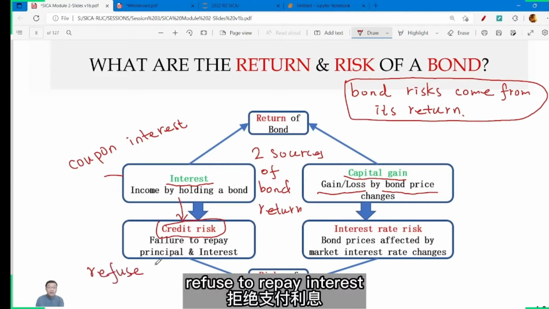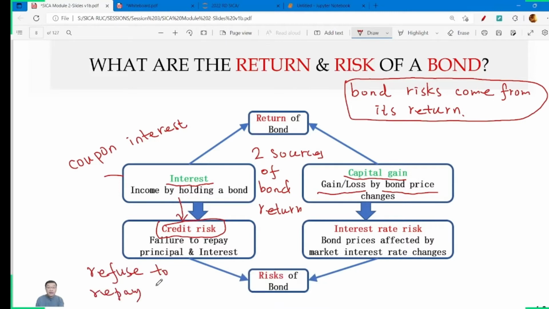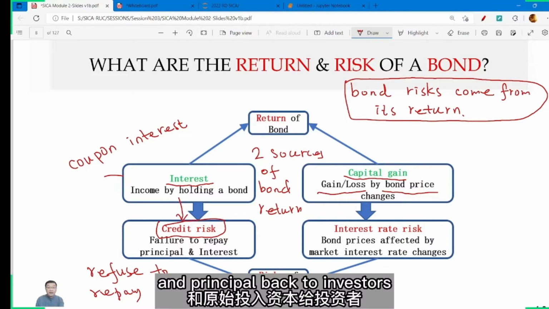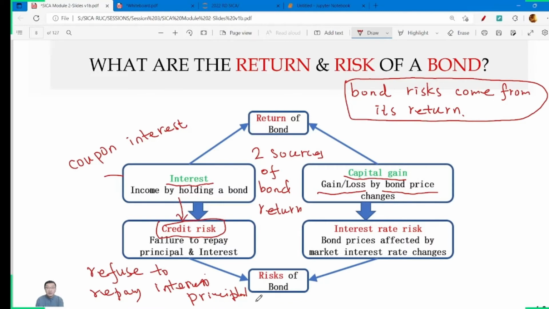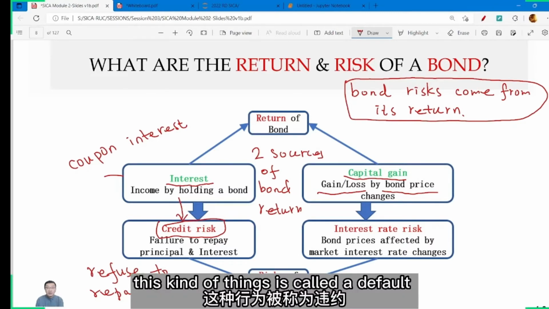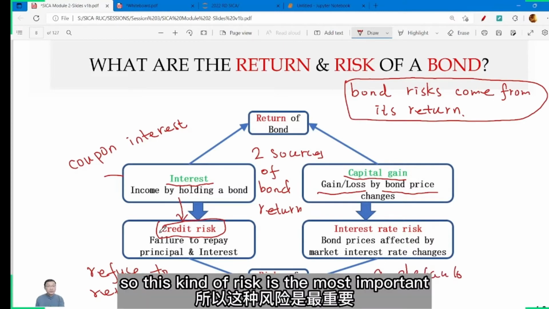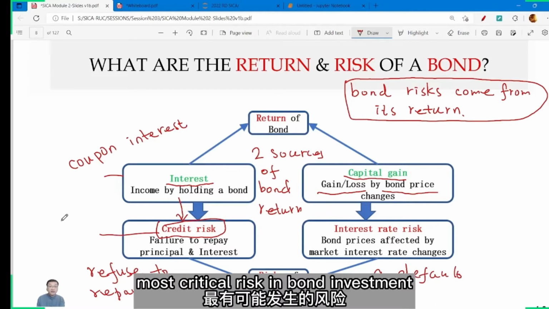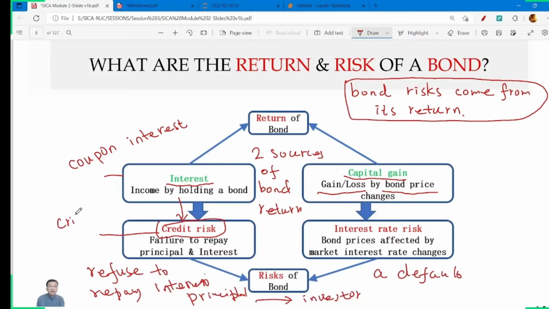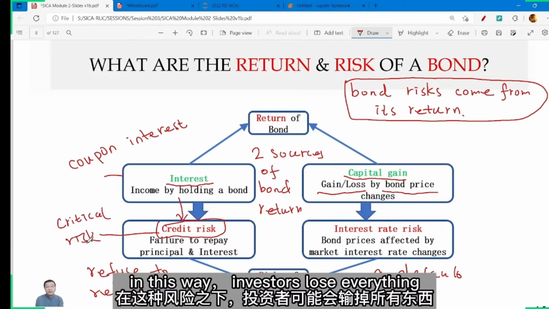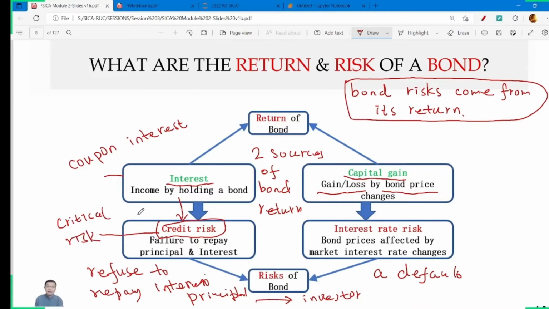They refuse to repay interest and principal back to investors. This kind of thing is called a default. This is the most critical risk in bond investment. In this way, investors lose everything.